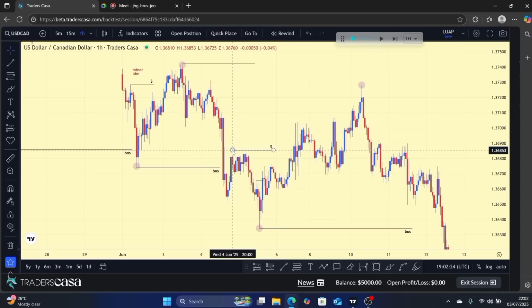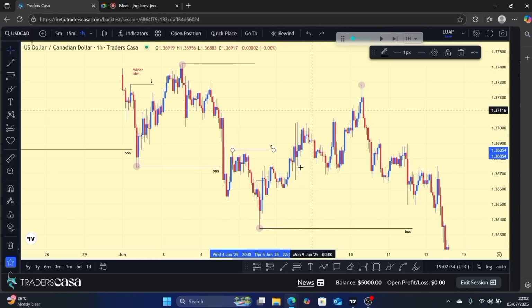That buy side liquidity is the one that we were waiting for price to reverse and grab, and it doesn't matter how much further price goes, as long as price has taken out this one, it is a confirmed swing point.